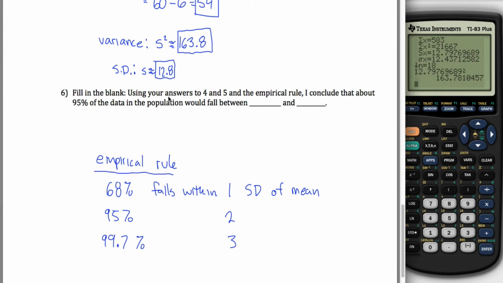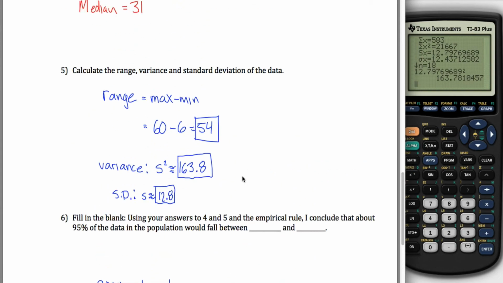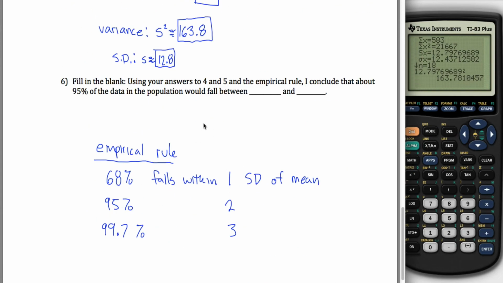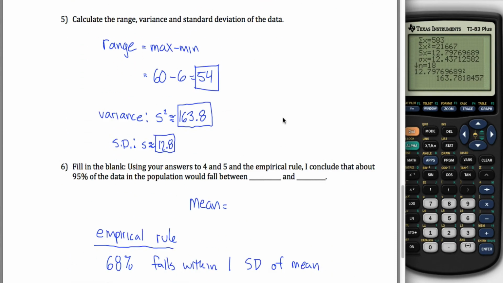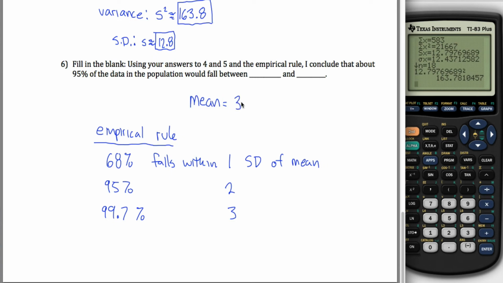So how's that answer the question? Using your answers and the empirical rule, I can conclude that about 95% of the data, okay, we're talking about this second line here, would fall between what 2 values? Well, let's see. I got a mean of, in part 4, I figured out 32 point maybe 4.